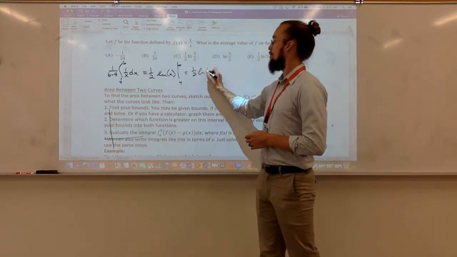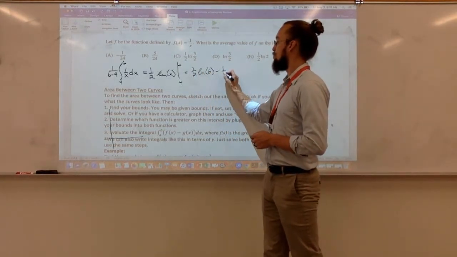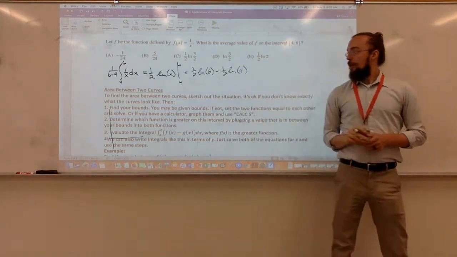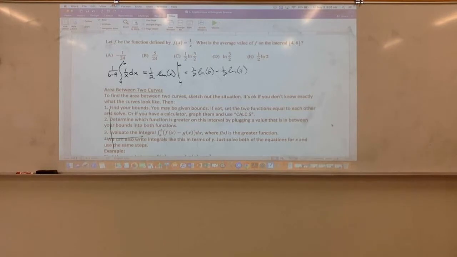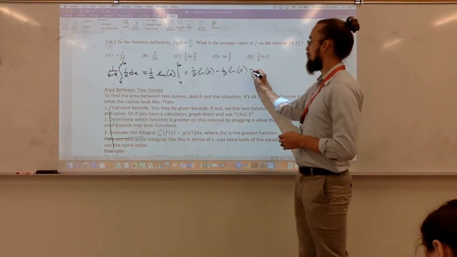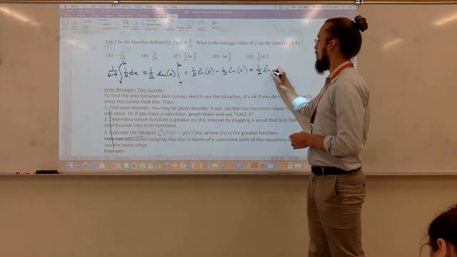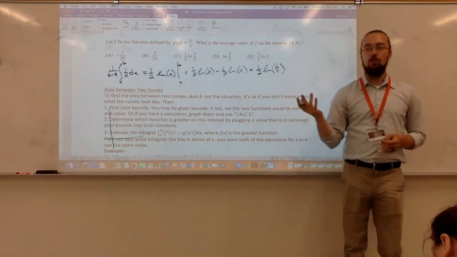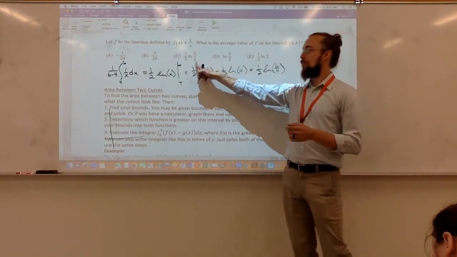So 1/2 times the natural log of 6 minus 1/2 times the natural log of 4. How can I combine logs if I'm subtracting them? Divide what's on the inside. And so this would be the same as 1/2 times the natural log of 6 over 4. 6 over 4 reduces to 3 over 2.